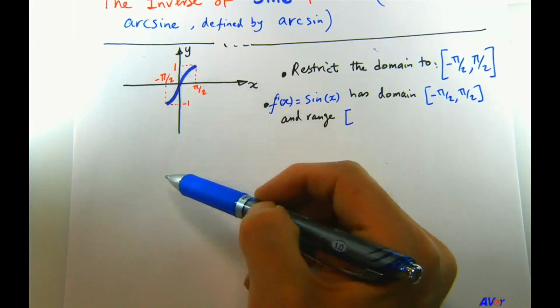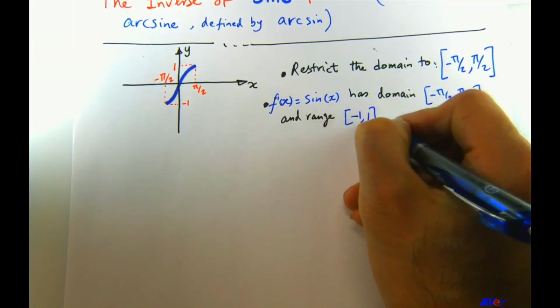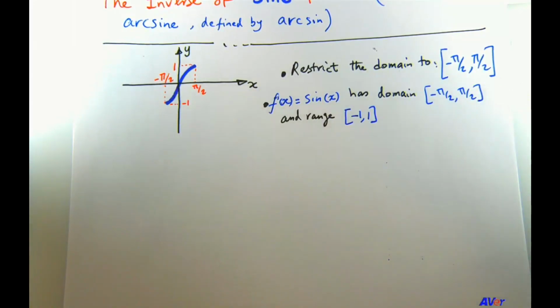What would the range be? The range is -1 comma 1, right? It's clear from the graph.